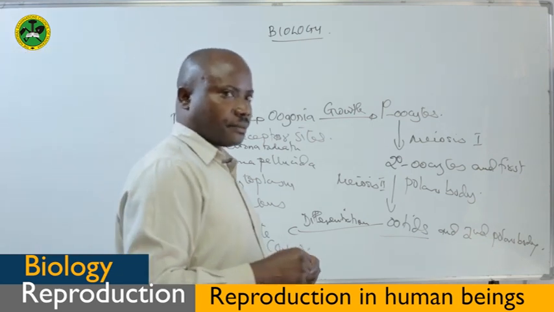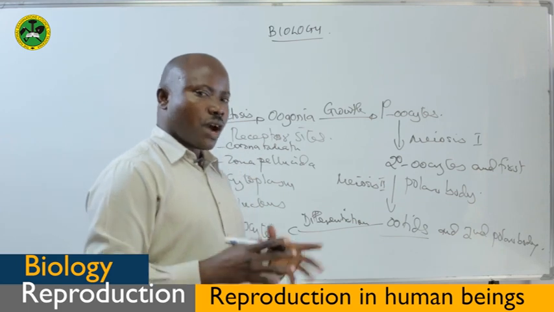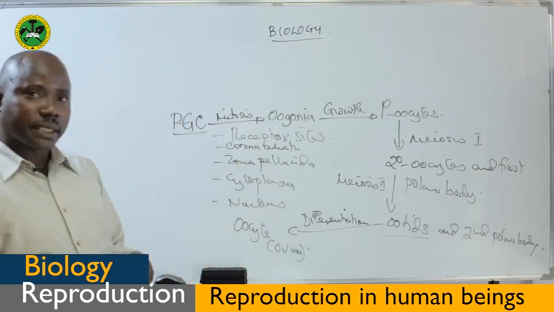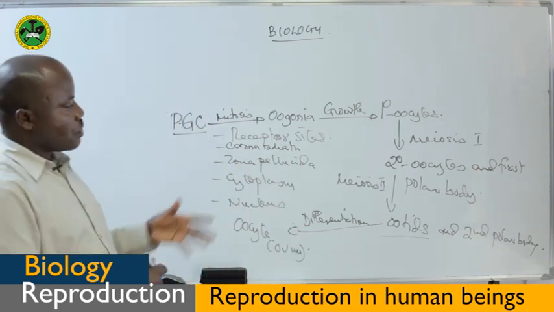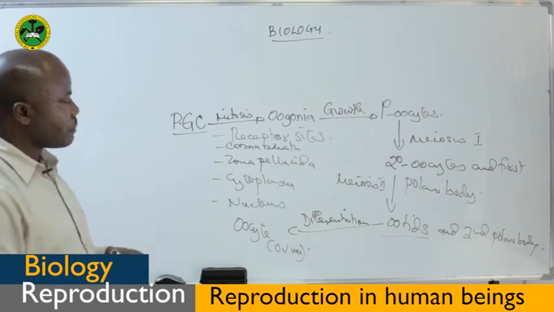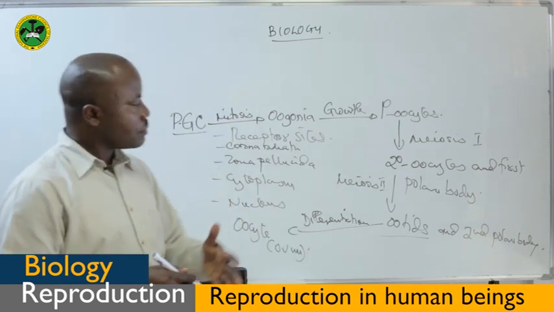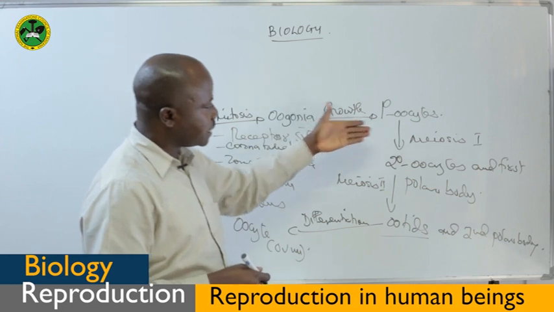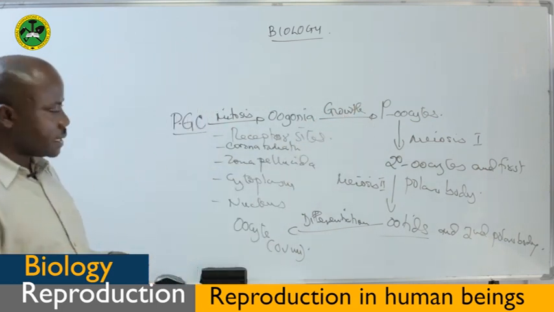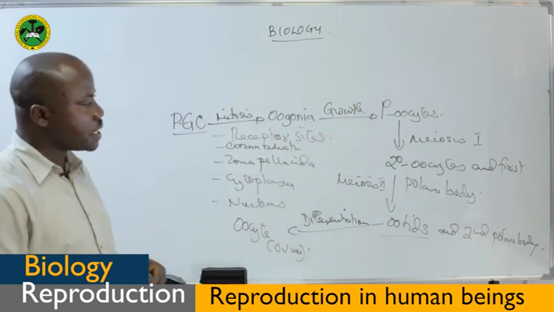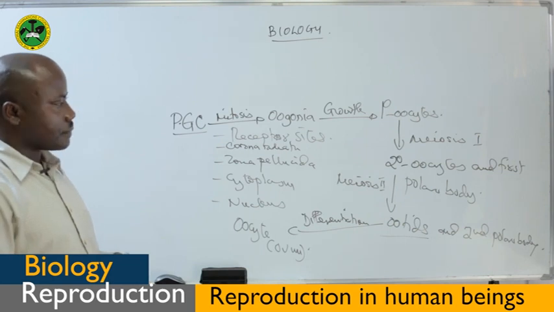Dear students, I'm sure you have been watching this summary on how oogenesis takes place, and this flow showing some important physiological processes and how these can be transformed to another cell.